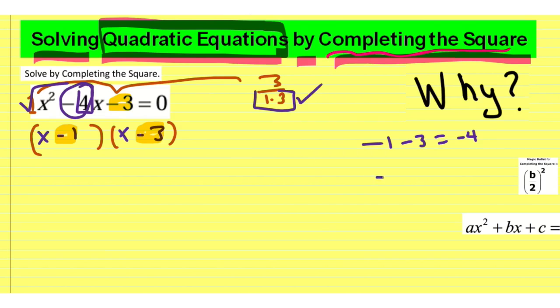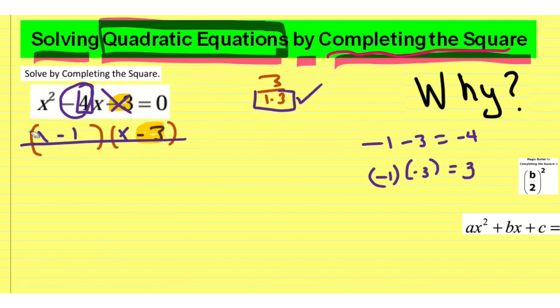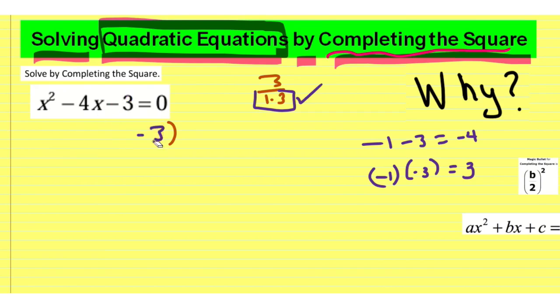No. A negative 1 times a negative 3 gives me a positive 3, which is not negative 3. That means this quadratic cannot be factored, because these two factors are not the factors of this quadratic. So today we are going to learn how to complete the square so that we can actually solve this quadratic and find out what the solutions are.